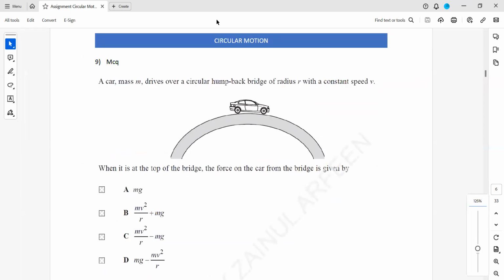The weight of the car is acting downward, the normal contact force is acting upward, and because it is moving in a curved path, the force directed towards the center should be more than the normal contact force. W is acting downward, R is acting upward, and the result of these two creates a centripetal force. So the centripetal force is equal to weight minus R.